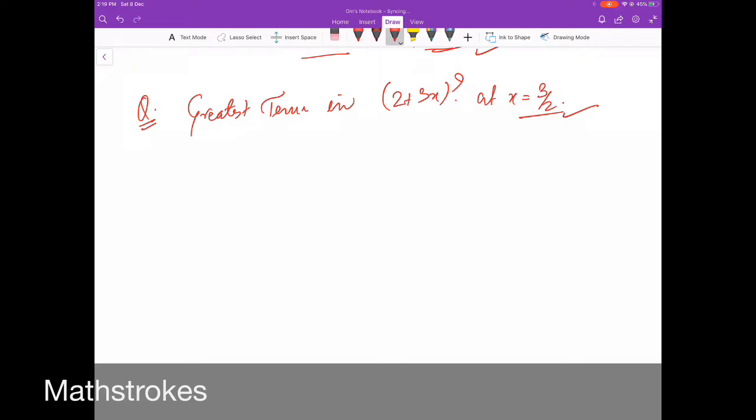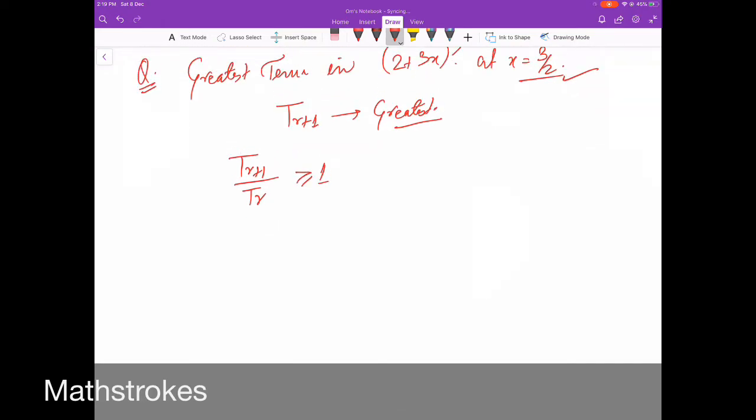Again, let us suppose the (r+1)th term is greatest. Fine, this is our greatest term. So t(r+1) upon t(r) has to be greater than or equal to 1. And this is (n minus r plus 1) upon r. I am writing it directly. You can solve it if you want to.